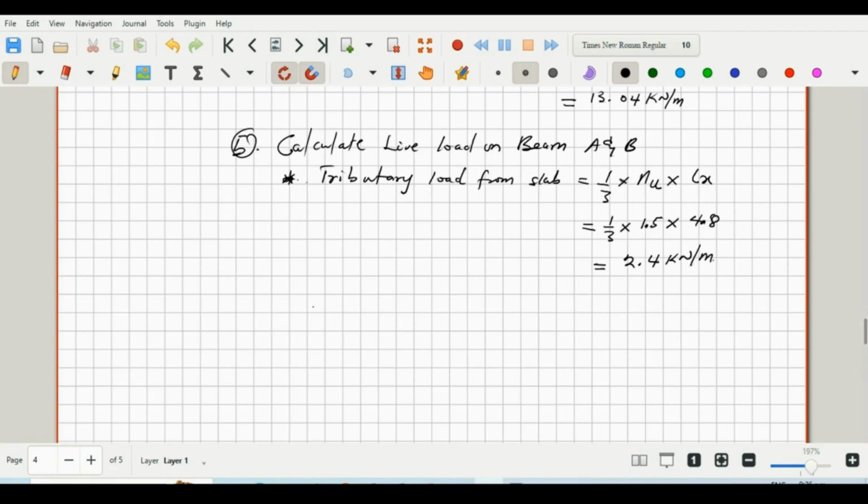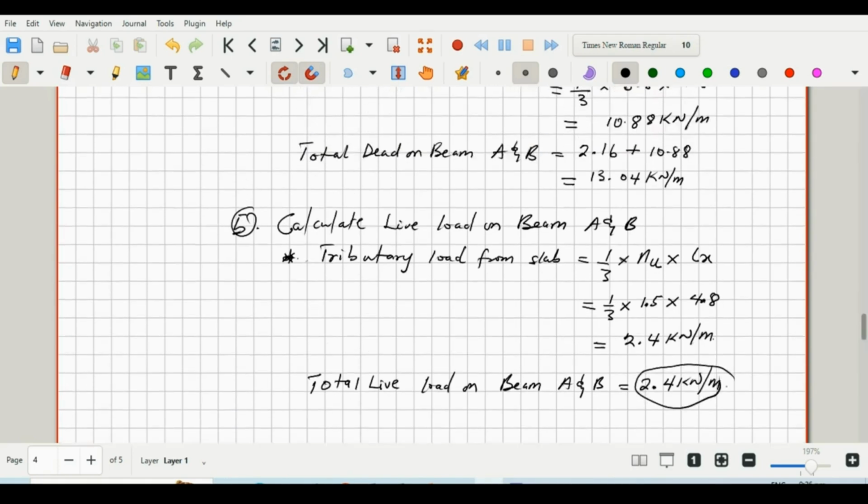Right. So our total life load on beam A and B is 2.4 kilonewton per meter, and we had 13.04 as the total dead load.